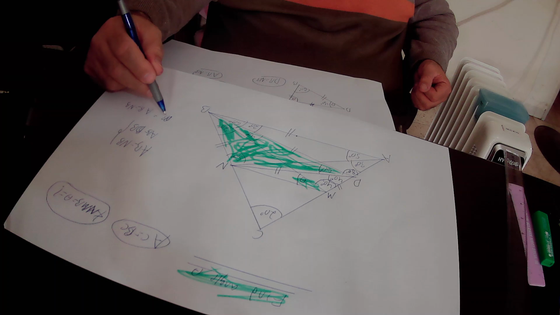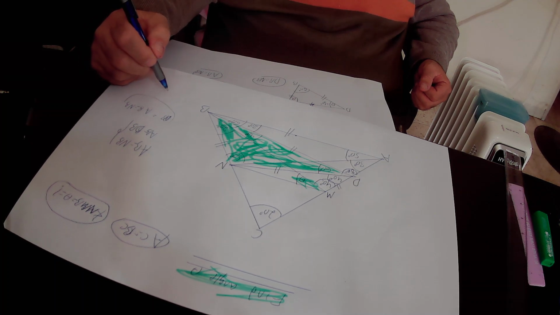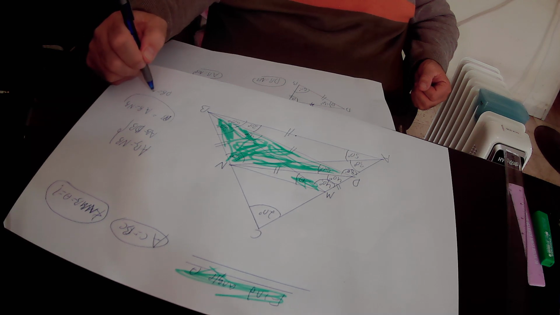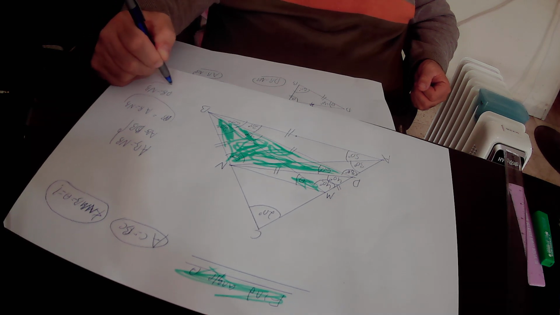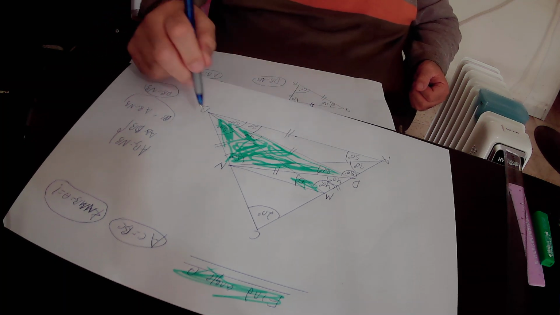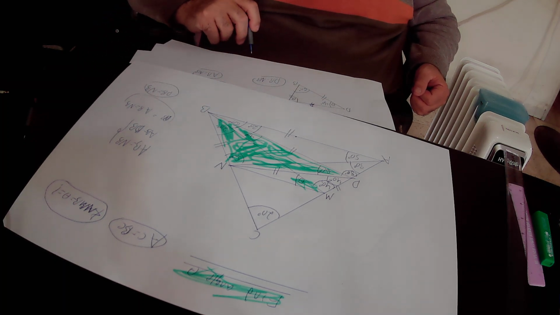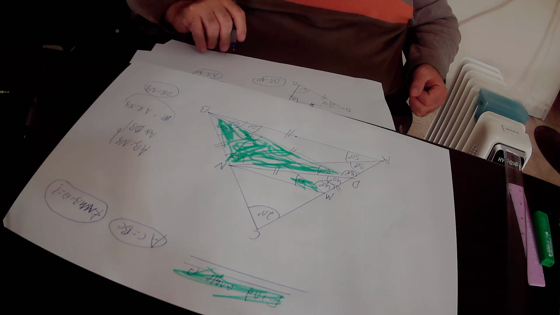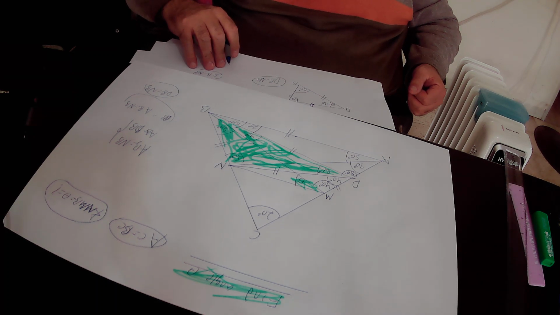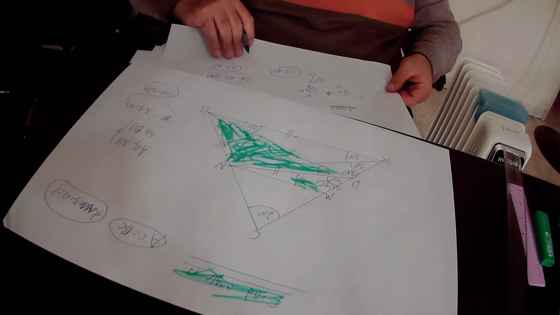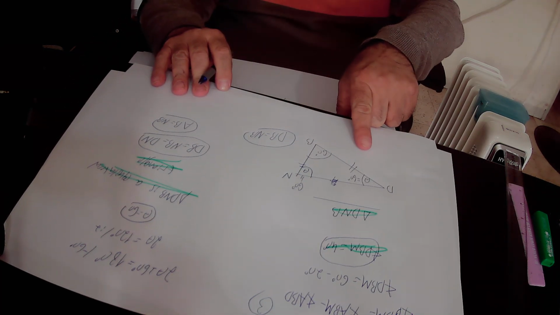And from this equation, we derive that DB equals NB. DB equals NB. Repeat again, DB equals NB.